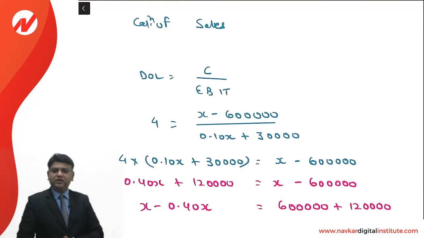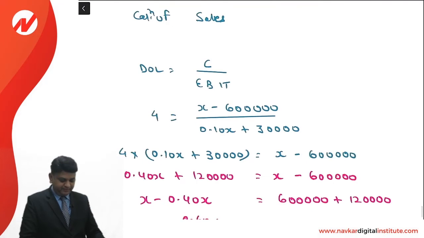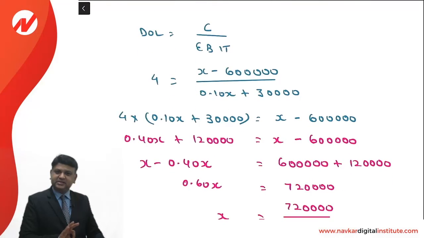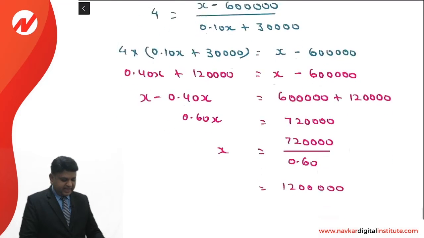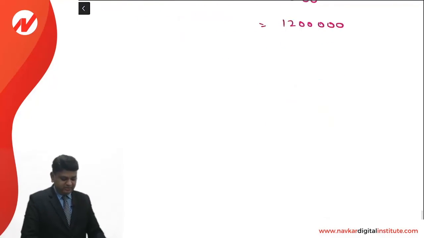Sales value, for that the formula is DOL is contribution upon EBIT. Contribution is X minus 6 lakhs and the EBIT is 0.10x plus 30,000. Both equations we have formed above. X is calculated as balancing figure.